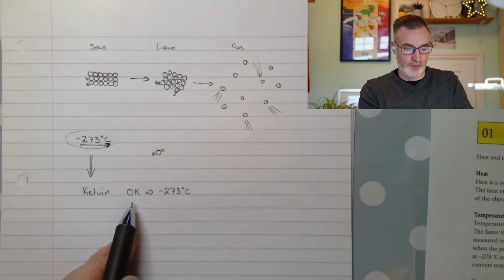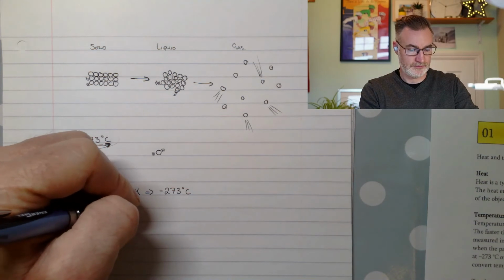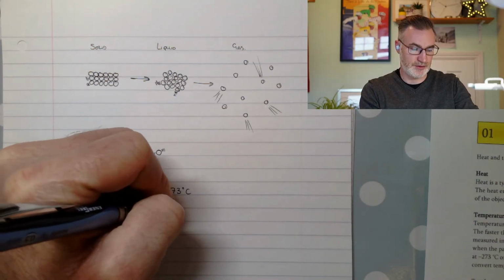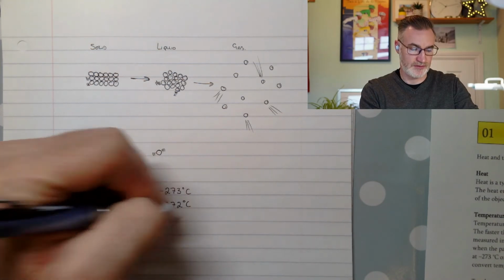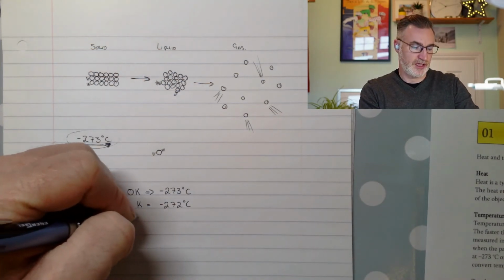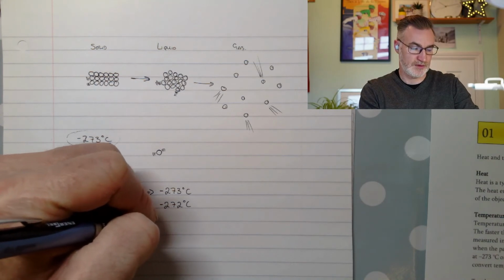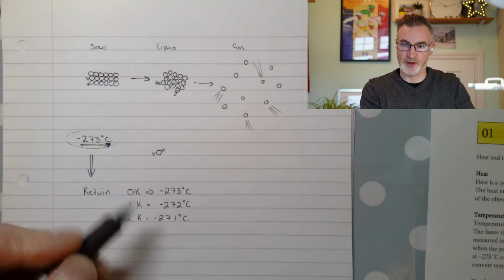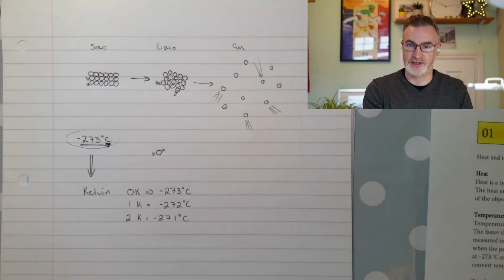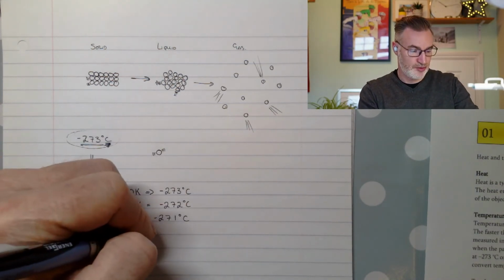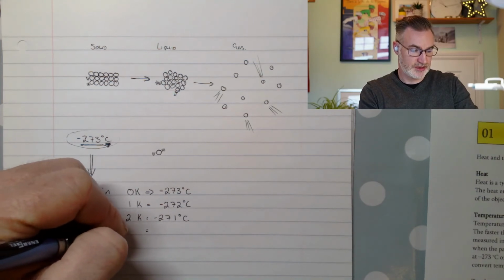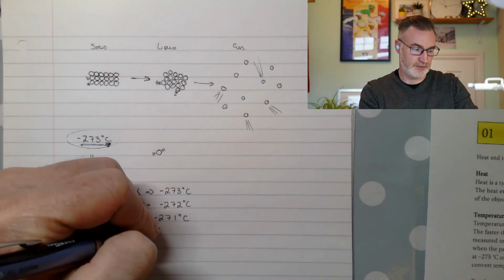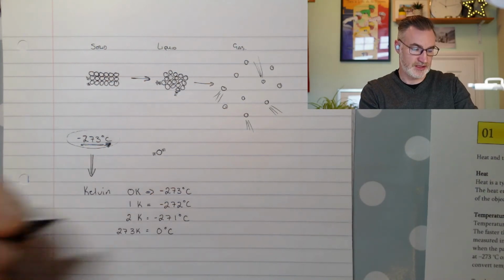So 1 Kelvin would be equal to minus 272 degrees C. 2 Kelvin is equal to minus 271 degrees C. I'm not going to go all the way up, but I will say that 273 Kelvin is equal to 0 degrees C.